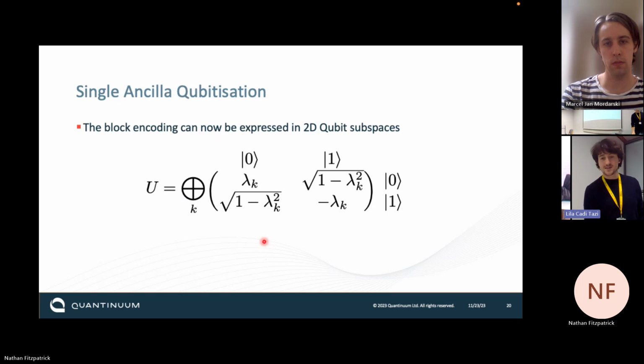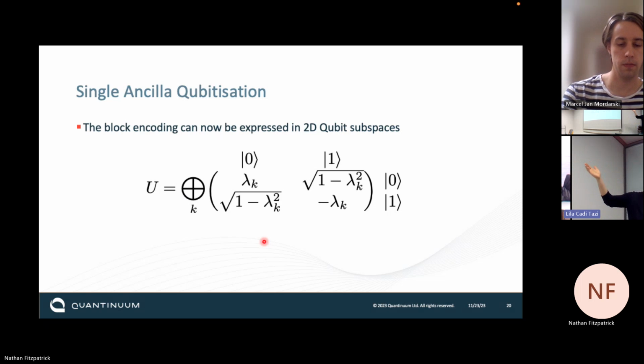Okay. Now, obviously, if we have the full linear combination of eigenvectors, we can use this very nice direct sum of all the eigenvector spaces. How I like to think about this is that qubitisation essentially takes each eigenvector space and splits it into the space and its orthogonal complement.